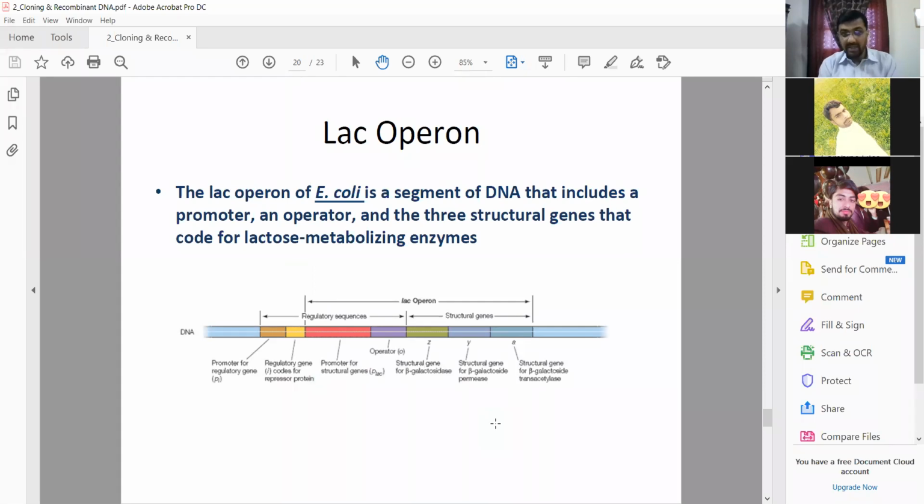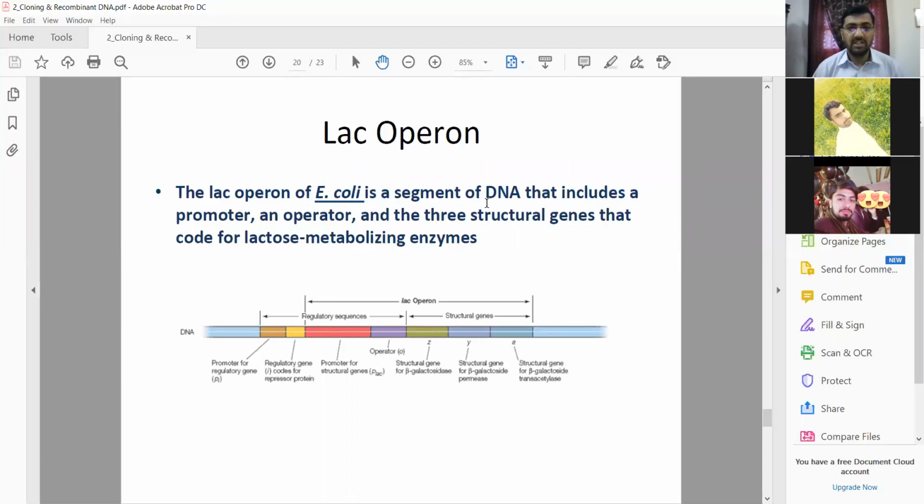Now the other most critical point is the lac operon. What is the lac operon? From the name you can understand that lac means lactose and operon is the functional structure of that DNA segment, which is involved in the metabolism of lactose.